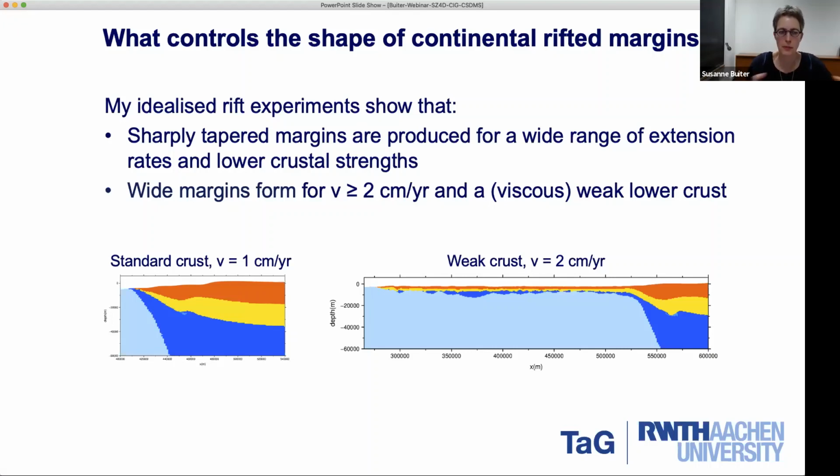And that we only form wide margins for relatively high extension rates, above 2 centimeters a year, which is high for continental extension, and for a lower crust that's initially weak. And of course, seen from the observation side, this is a bit problematic because we observe wide rifted margins quite often.